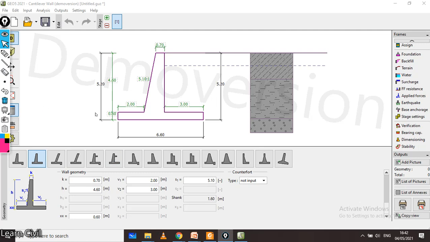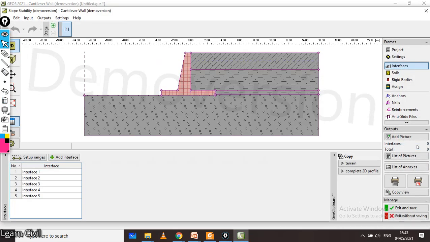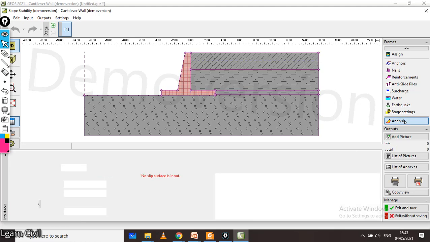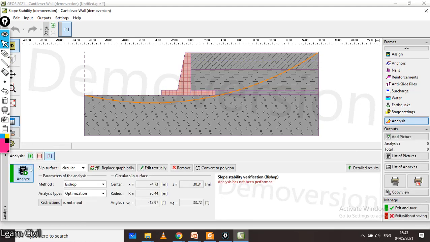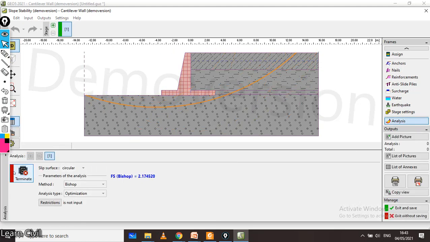Go to stability, click here on stability, go downward, click on the analysis option, click on analyze, and the analysis will run. You have to do this check process till you get a satisfying result. Okay, I think it won't be satisfying this time also.